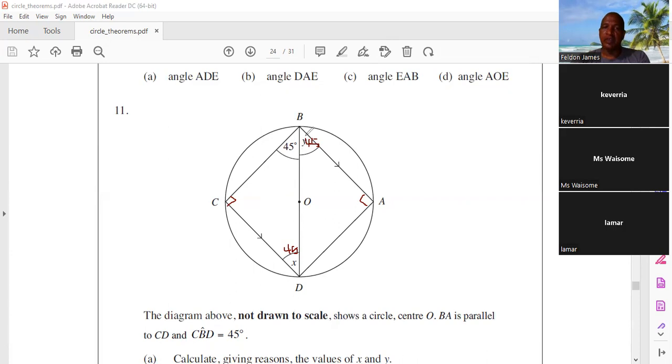You follow? Yes, sir. The argument is that the angle in a semicircle is equal to 90. So you could say, since the angle in a semicircle BCD is 90 at C and the angle at B is 45, therefore X is 45. Hence, this would be an isosceles triangle because the two base angles are the same, 45, right?